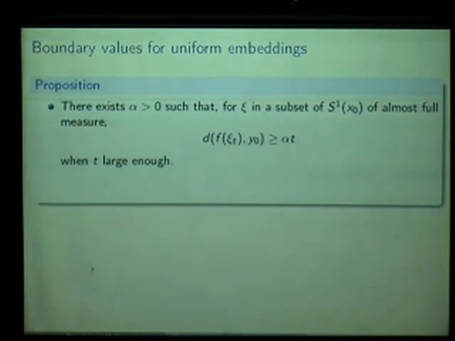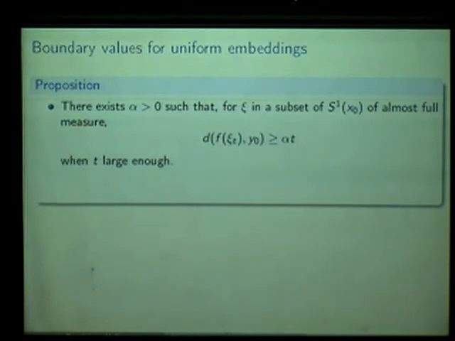This is a quantitative version that leads to the theorem I just wrote on the previous slide, which states that a coarse embedding does have boundary values in many directions. I wasn't very careful with the quantifiers, of course, just a rough idea.